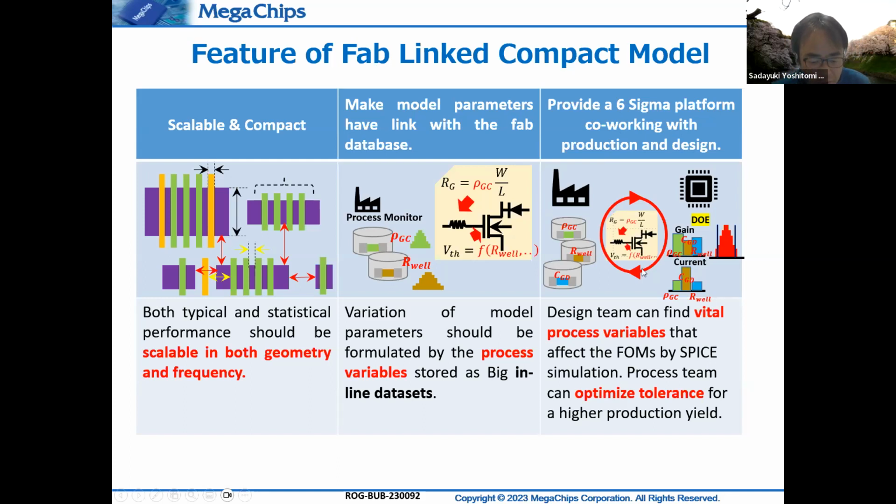So in order to take full advantage of the treasure of big data lying dormant in the factory and provide a Six Sigma design environment, for our PDK in my work at Toshiba, we felt that the three enhancements shown in this table were necessary.